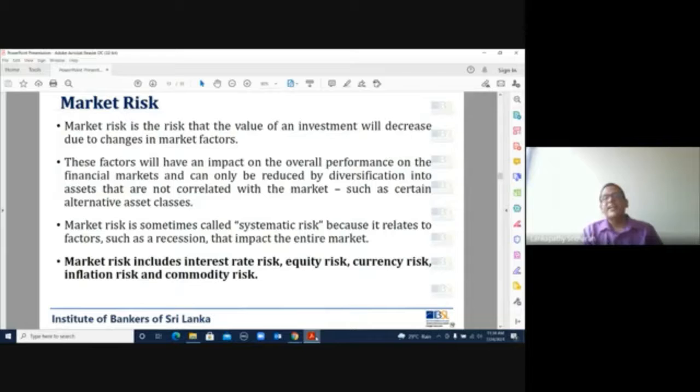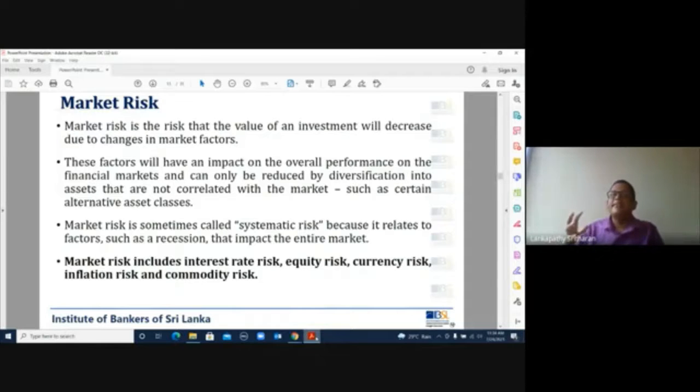Okay. These factors will have an impact on the overall performance of the financial market and can only be reduced by diversification into assets that are not correlated with the market, such as certain alternative asset classes. What I am mentioning is that interest rate risk or price risk, particularly interest rate risk, is a market factor. It is not only for you, it is for the entire market.